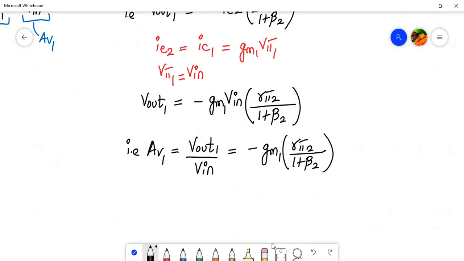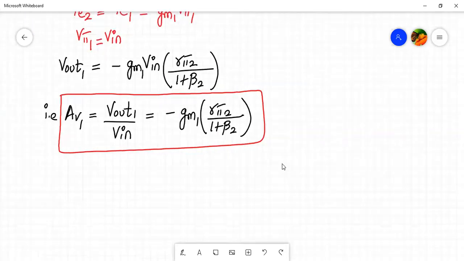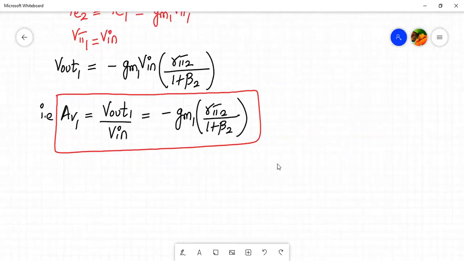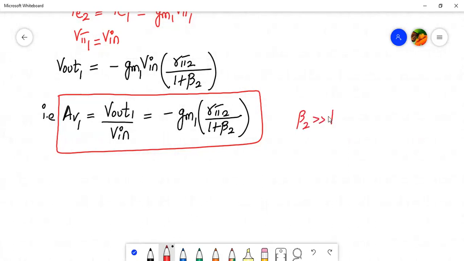This is the exact expression for AV1, but we can approximate this further. So basically 1 plus beta is normally approximately equal to beta itself, right? Your beta value is very, very large. Beta 2 is very much greater than 1.